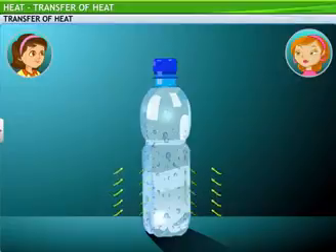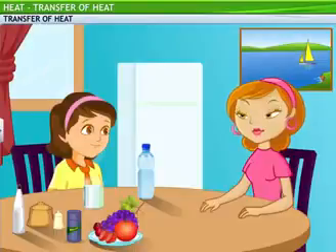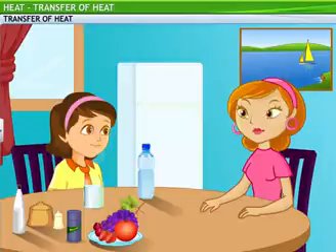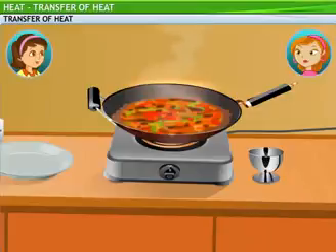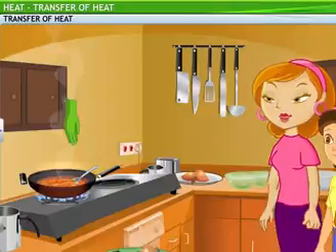That's right. There are many more examples of transfer of heat right here in the kitchen. Can you point out one to me? That's easy. For cooking, when you place the wok on the flame, the heat transfers from the flame to the wok. Very good.